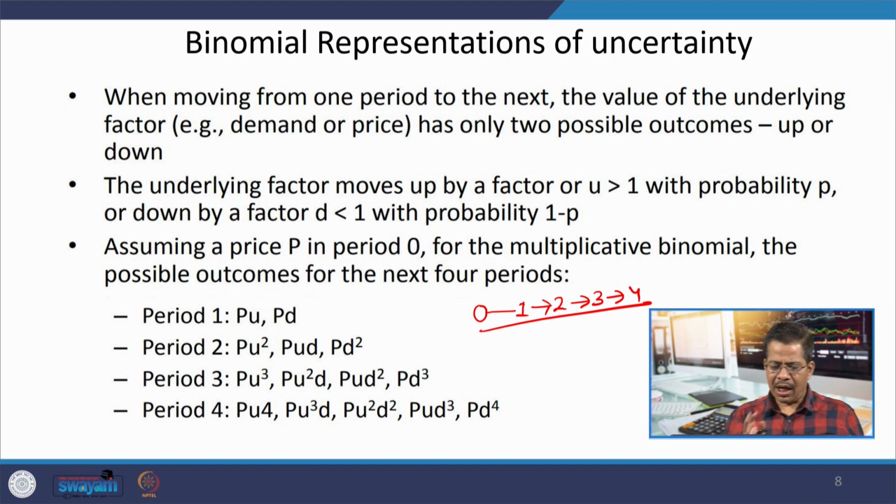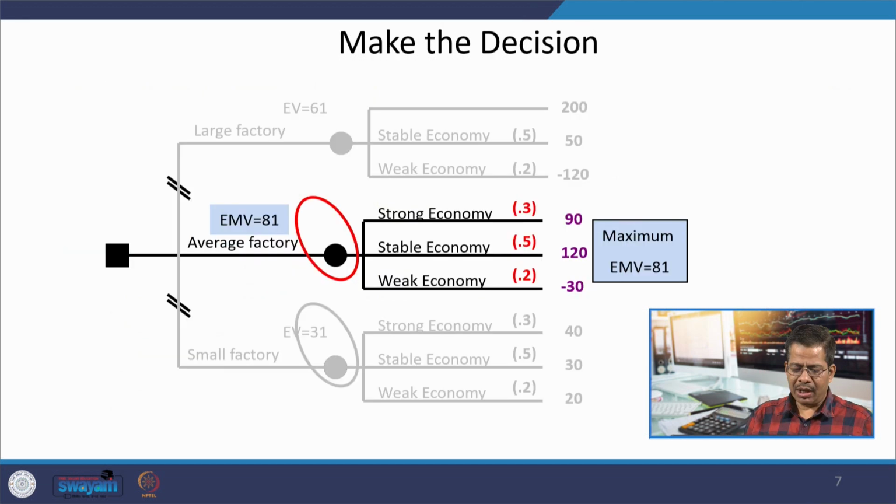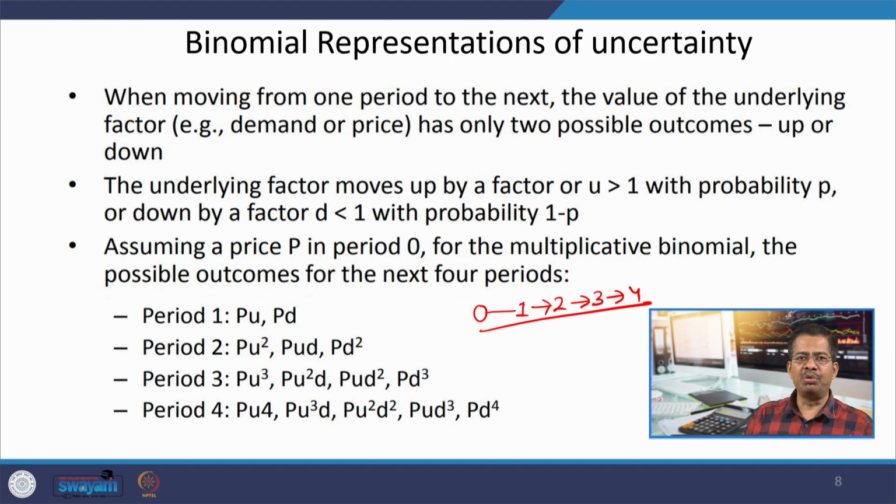Now, I am considering two variables. In the earlier example, we considered only one single variable, that is the total payoff. Now, here I am considering two things, one is price and another is demand.